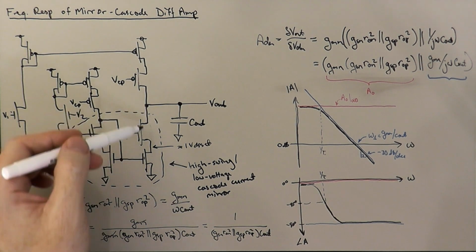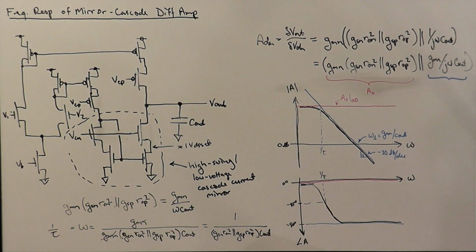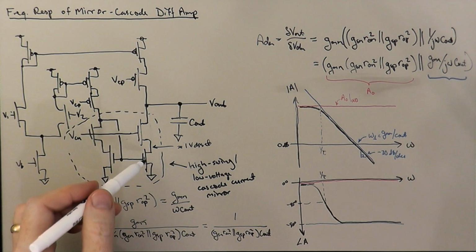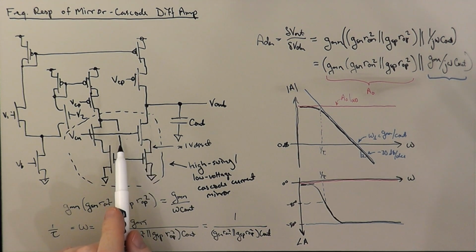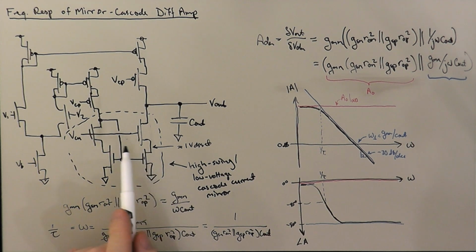The output voltage here can get within basically about 2 saturation voltages of the ground rail, and we maintain a very, very high output resistance. So this is a very, very good current source.